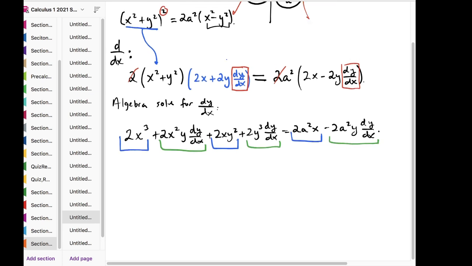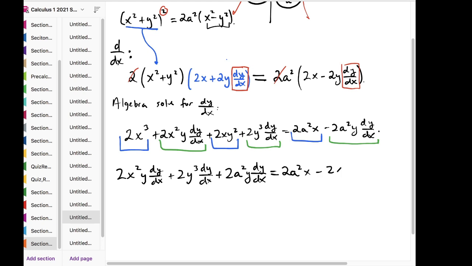Sorry if I'm sounding pedantic, but this is where a lot of people mess up, in not knowing how to solve for dy dx. It may look complicated, but again, it's not much different than normal algebra.